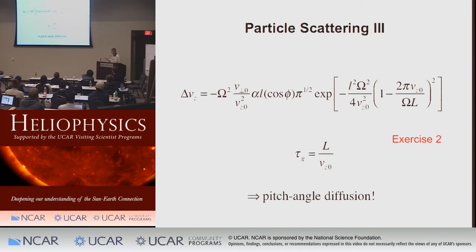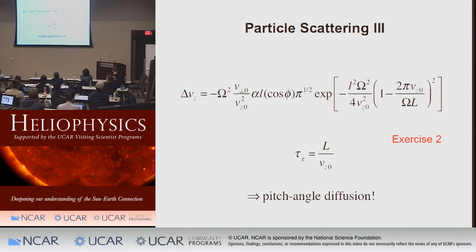And this is exercise 2, by the way. So you have access to this and the solution and stuff, but you can play with it yourself. And you find an interesting result. What happens, of course, in the frame of the wave, is that it can't change its energy.